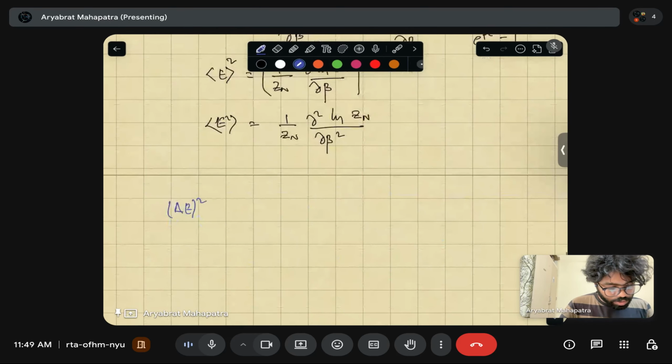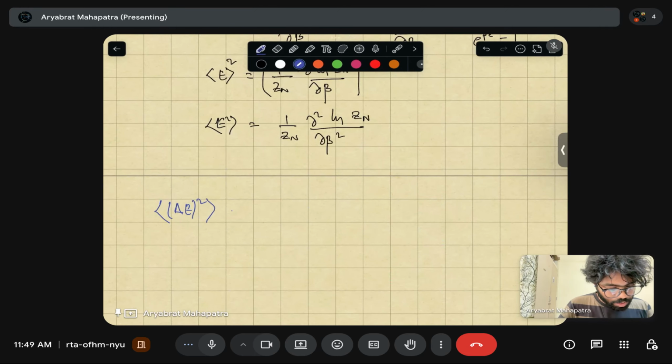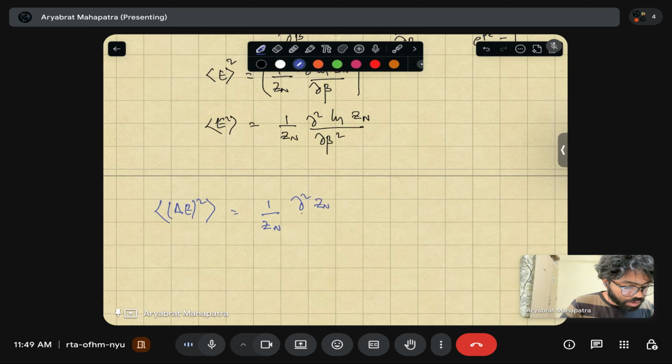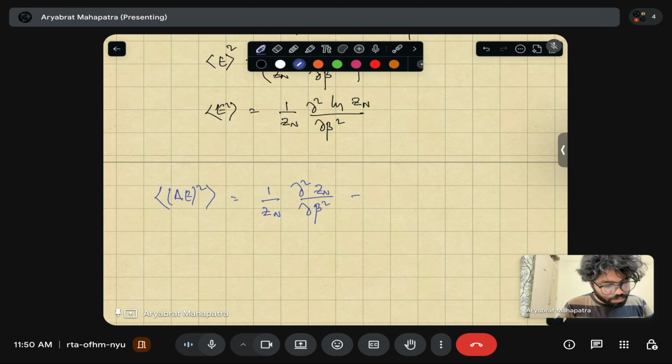So now your delta E square average is 1 over Zn, so you have the second order partial derivative of the total partition function with respect to beta. So this is subtracted by this del Zn.